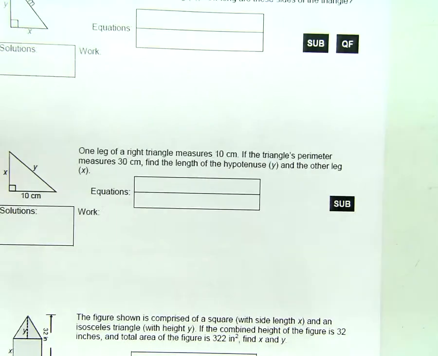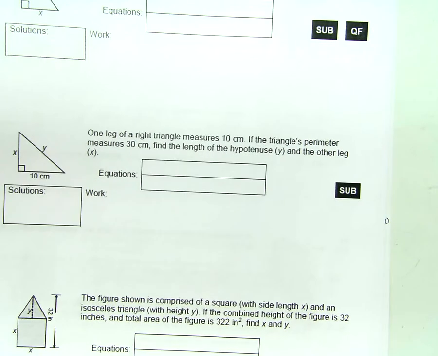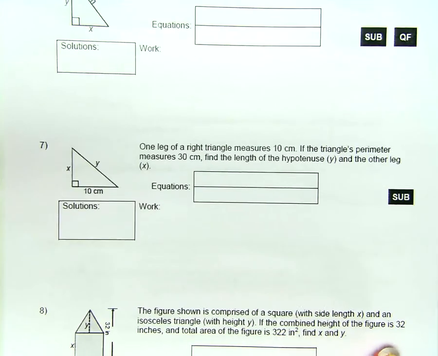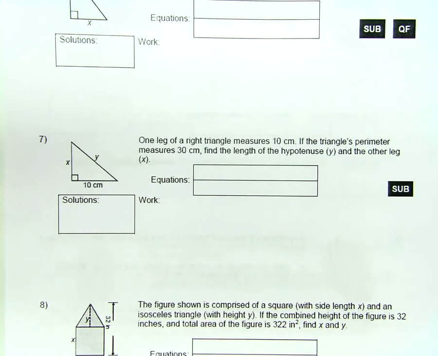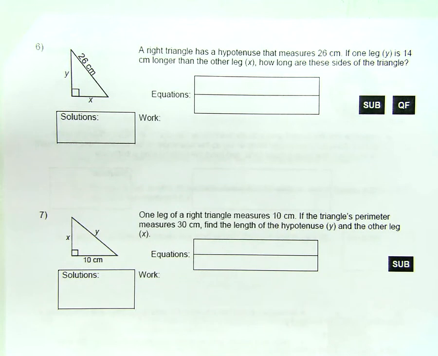Actually, let's see if we can make this easier for ourselves a little bit. Beside number 7, could you please write EC? What does that stand for? Extra credit. Okay? I'm not gonna have that one assigned to you at night because look how similar it is to number 5.